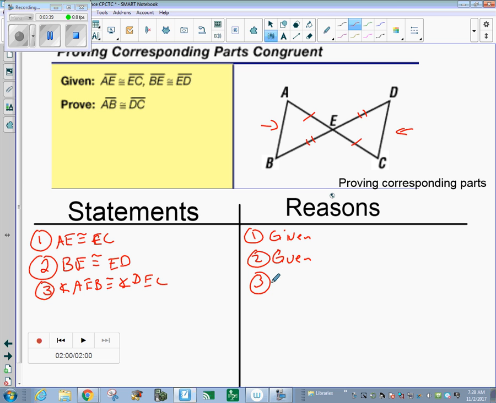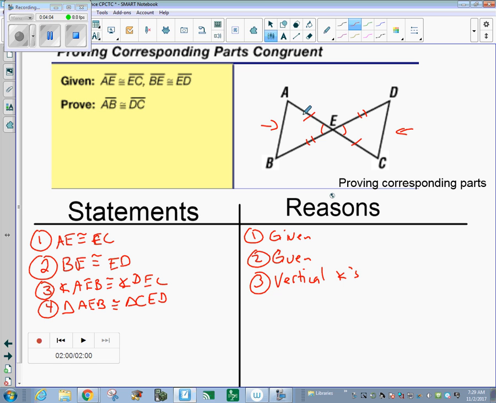And our reason for that is vertical angles. So now, since these angles are congruent, I've got 3 pieces of information in each triangle, so I've got enough information to prove that triangle AEB is congruent to triangle, let's see, it's got to be CED.